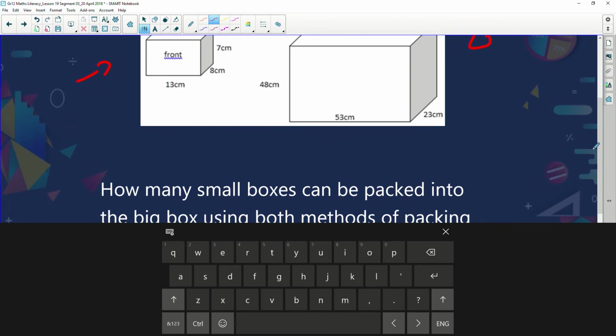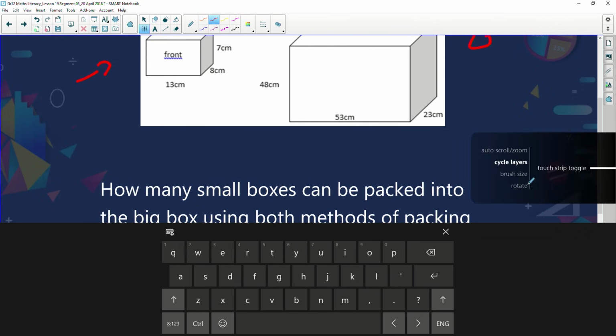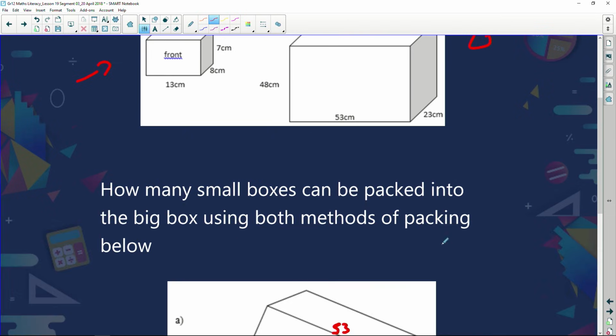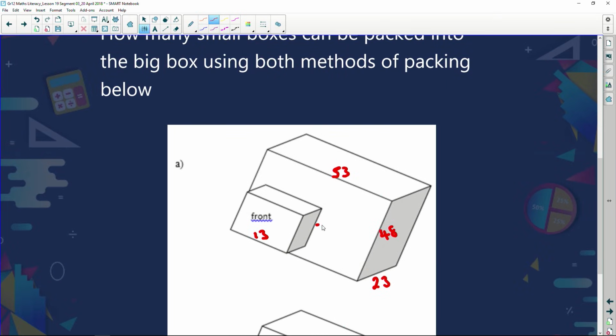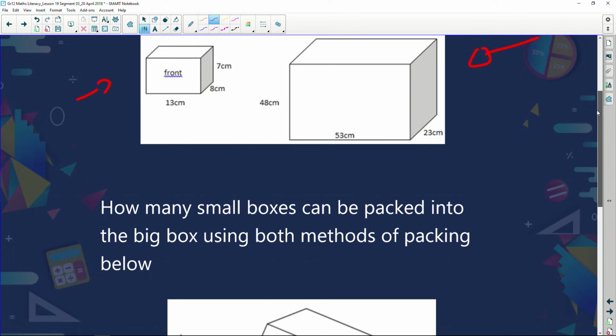We know it's got a height of 7 and a breadth of 8. So 7 and 8, 7 and 8. That is 7, and that's a width of 8. Are we clear on that?